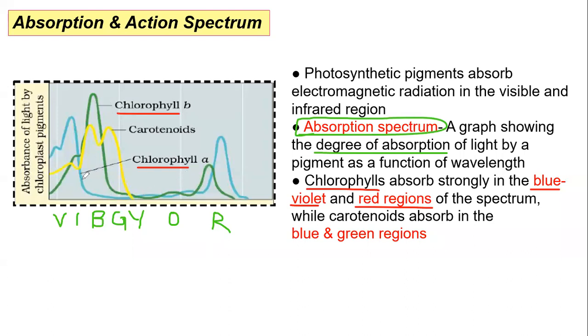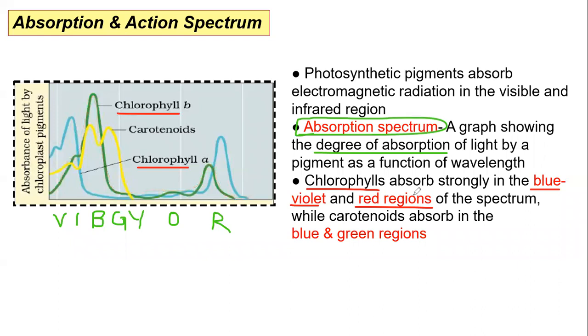This is the violet-blue region, and finally you will have them in the red region also. They will absorb the maximum amount of light. And the chlorophyll B molecule, depicted by the green line, shows maximum absorption in the violet-blue region, and the red region also shows absorption.